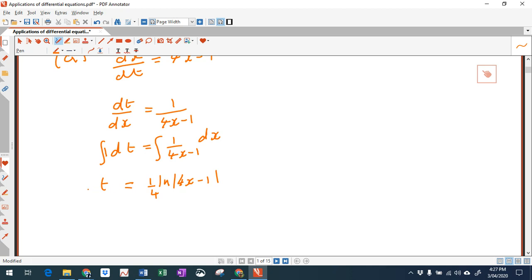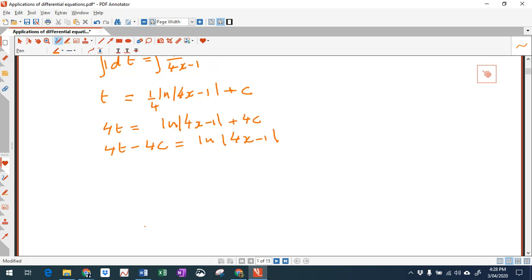Next, what if I multiply everything by 4? So 4t is equal to the log of the absolute value of 4x minus 1 plus 4c, and put 4c and the log of the absolute value of 4x minus 1 on one side.